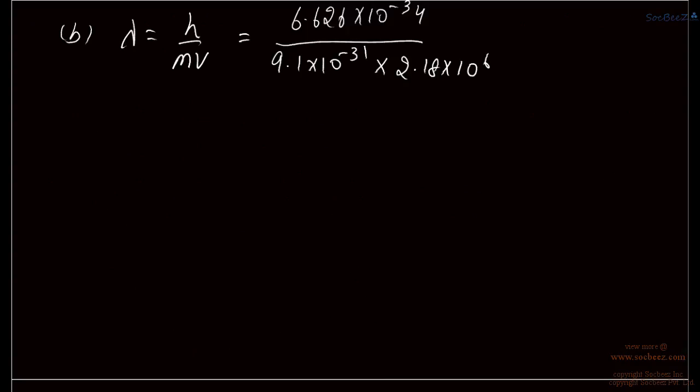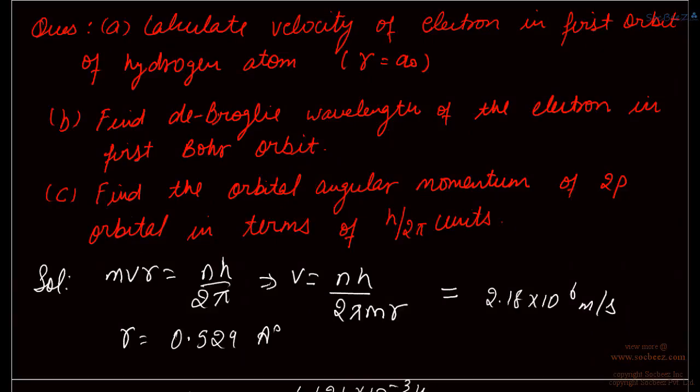If we simplify it, we get the value of lambda as 3.3 into 10 raised to the power minus 9 meter, or 0.33 into 10 raised to the power minus 9 meter, or lambda equals 3.3 angstrom. Okay, so the second part has also been solved.